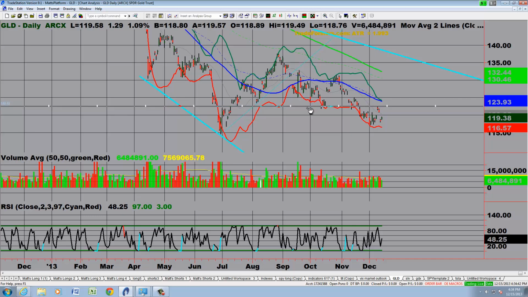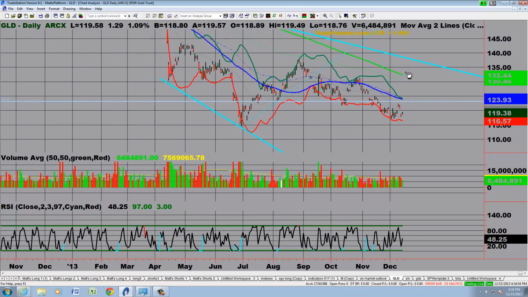Again, it could be put in a little bit lower, or if you want to do it on a closing basis, it would be a little bit higher. But you're talking about a good $130 to $150 drop in gold bullion, which equates to about $13 to $15 in GLD.